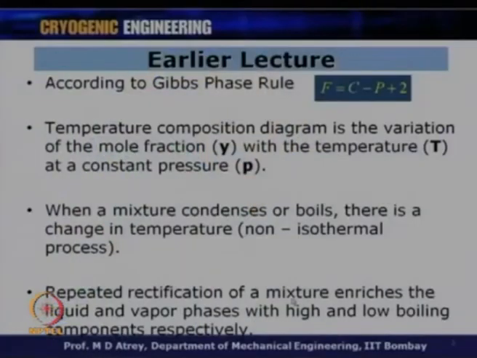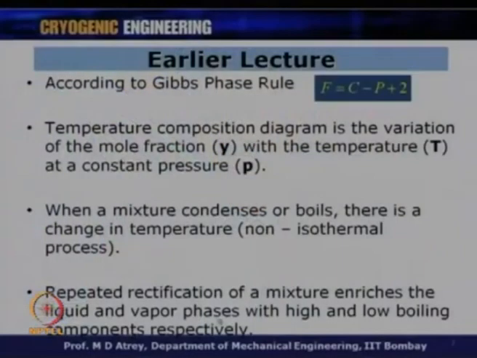We also found that repeated rectification of a mixture enriches the liquid and vapor phases with high and low boiling components respectively. When the mixture is condensed or vaporized repetitively, ultimately we get a liquid rich in the high boiling component, and on repeated rectification the vapor phase gets richer and richer in the low boiling component.